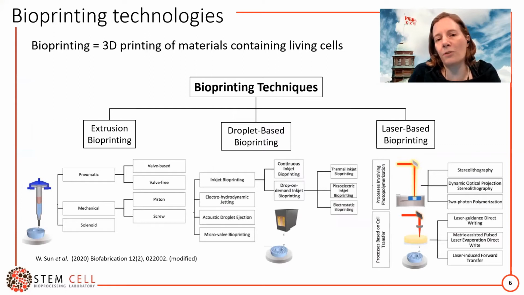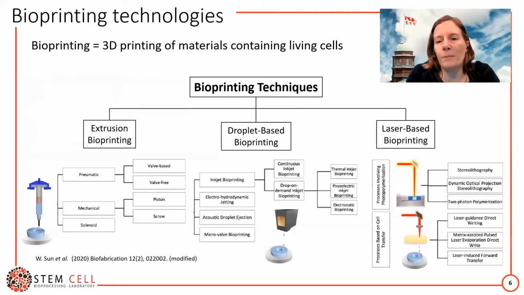It could also just be air pressure. There's droplet-based techniques, which are very similar to the laser or inkjet printers that you have at home. The concept is quite similar, where you have an ink that is being projected onto the surface, except that in that case we talk about a bioink because the ink contains living cells.